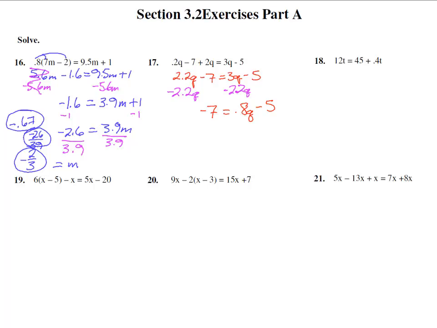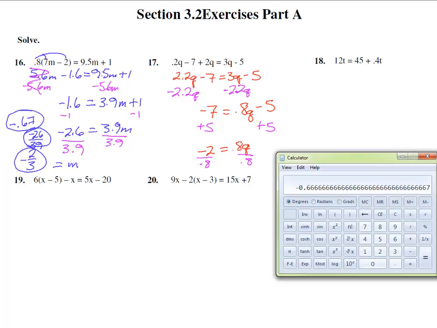Now we're down to the point where we just get to peel off to get q by itself. Add 5 to this side, add 5 to this side, and we get negative 2 equals 0.8q. How do we undo that timesing by 0.8? We divide by 0.8.